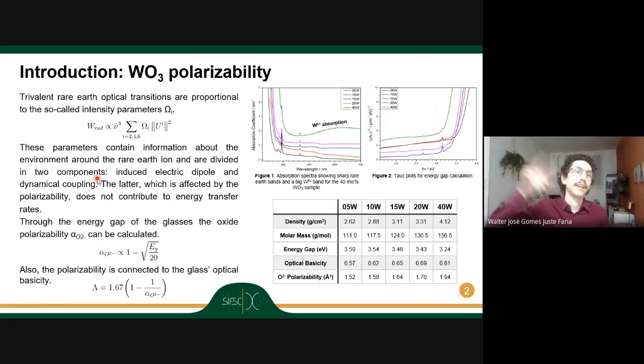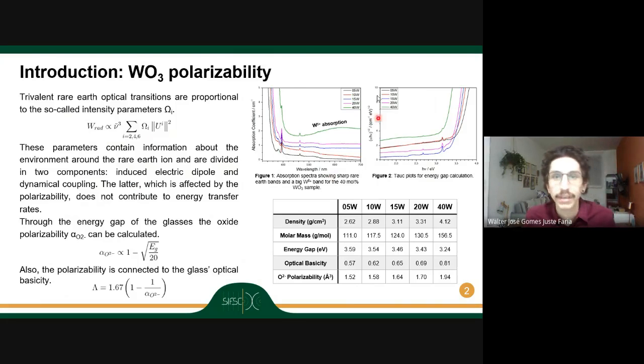So these oscillating dipoles caused by the incident light give rise or can increase the transitions of rare earths. And that's where polarizability enters. So a higher polarizability, so you create more easily these oscillating dipoles, and then the transition becomes stronger.